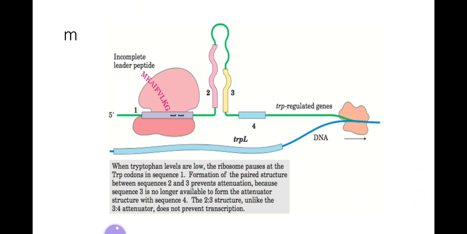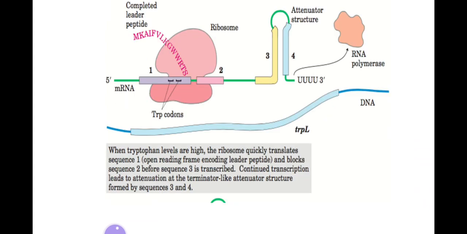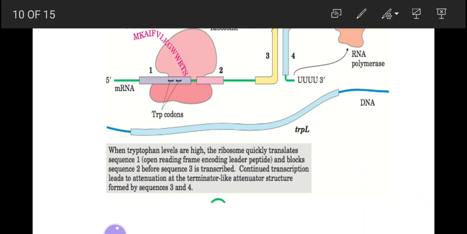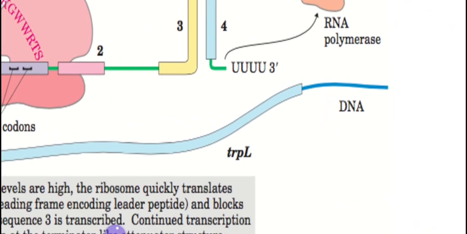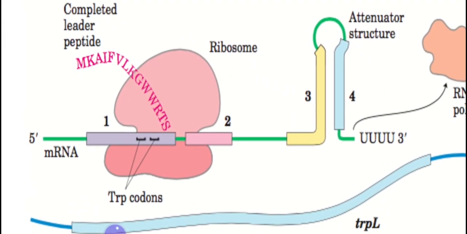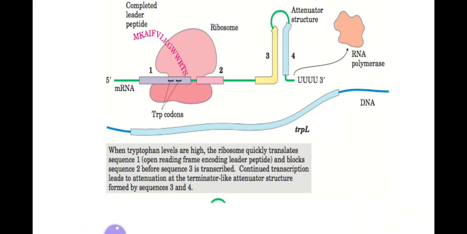Only the 3-4 attenuator will prevent transcription. So if tryptophan is at a high level, the attenuator structure is formed by regions 3 and 4, and the RNA polymerase will no longer be able to make the proteins which are required for tryptophan.